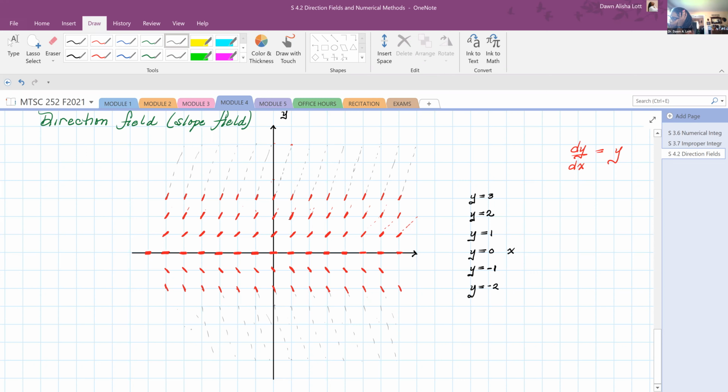Okay, and then we're going to draw in our slopes. And after we draw in our slopes, we're going to imagine that we filled this whole grid like this. Now, as you can see, this is what I want you to think of.